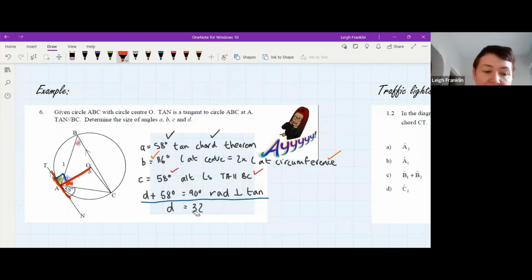If you knew this angle that I had colored in orange, and D was the only thing that was missing and you had C as well, then yes, by all means, you could use angles on a straight line. But one of the worst mistakes that you can make in geometry is to make assumptions about things being equal when they're actually not. In this case they are, but they're not always going to be. Does that answer your question?